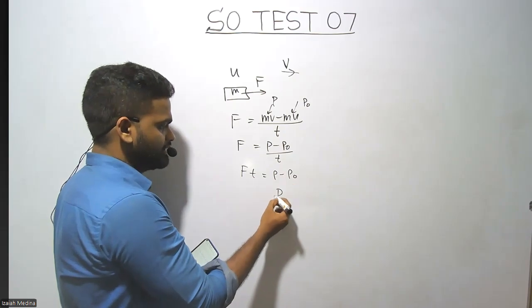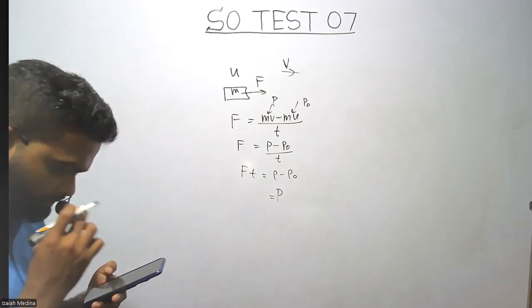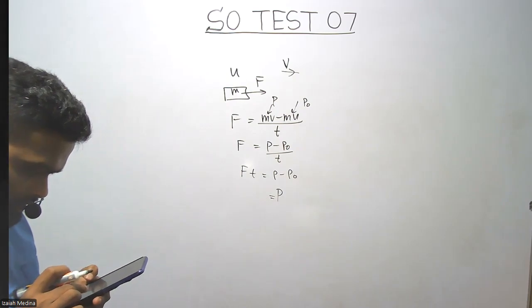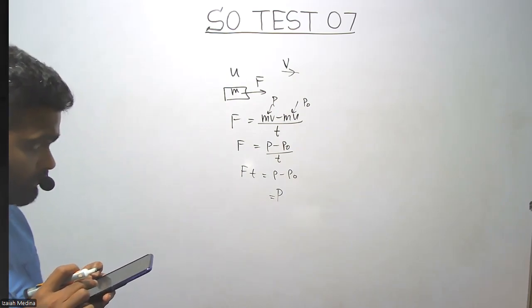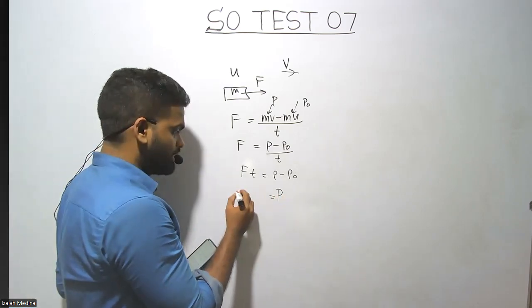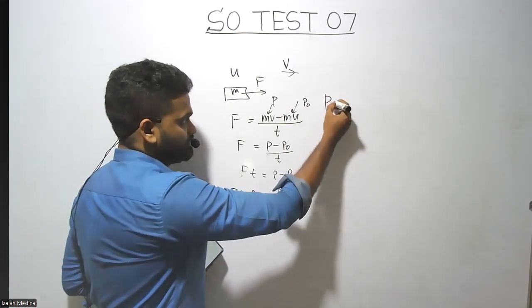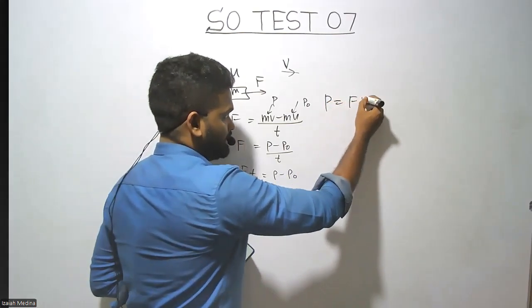Then p is equal to, so here p should be on the y-axis, right? So you have to make p the subject. So you have Ft plus p naught. So p is equal to Ft plus p naught.